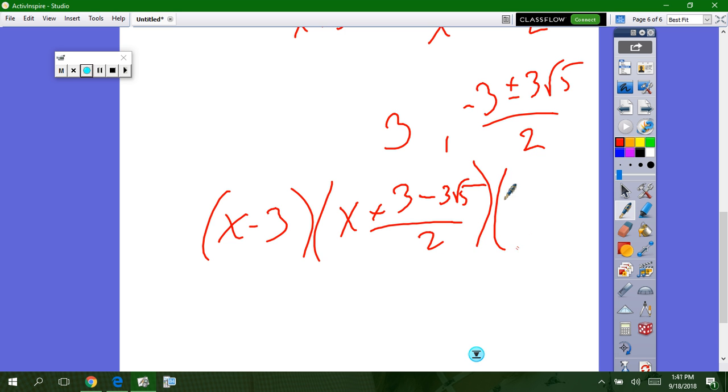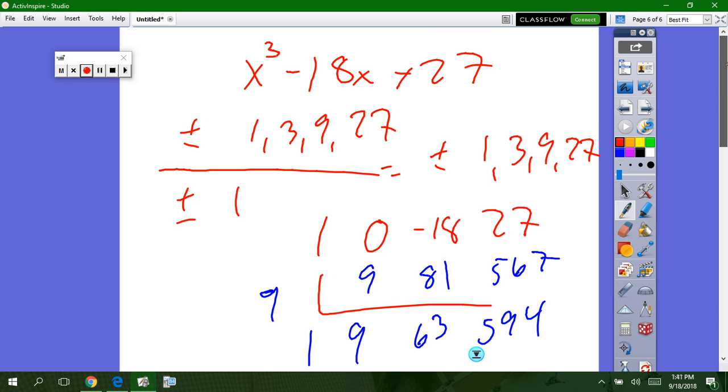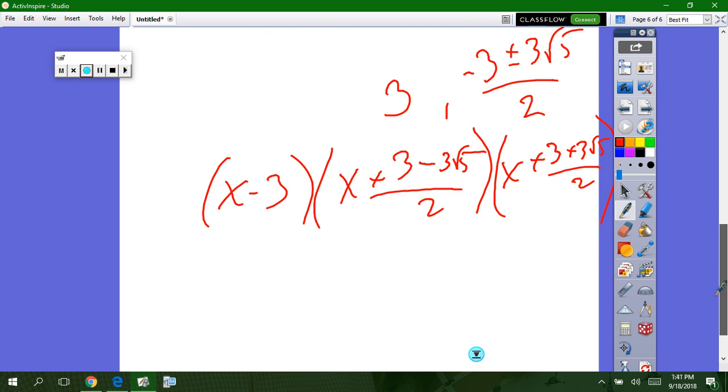Then I have x plus 3 plus 3 root 5 all over 2. Now somebody said, Mr. Roberts, why would I not just times the 2 over and make it 2x plus 3 minus 3 root 5? Can anybody tell me why? Because if I put those 2 here, I'd have x times 2x, which is 2x squared, times 2x again, 4x cubed, and what did we start with? X cubed. So that's why I don't put him up there. Does that make sense?